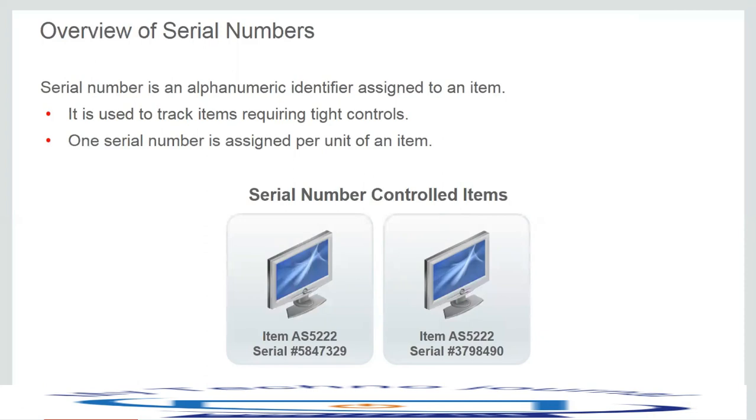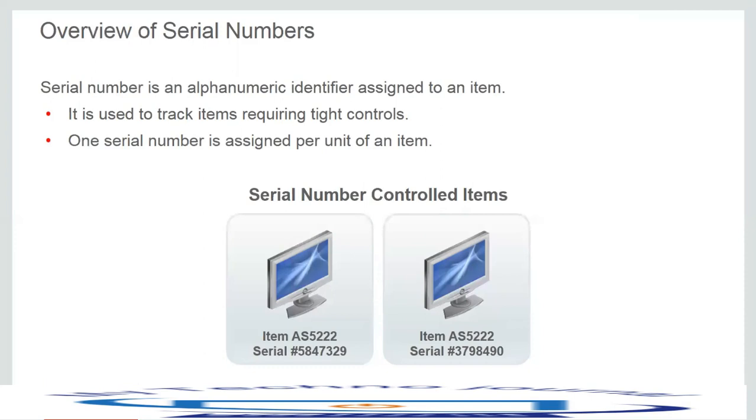Serial number control is a system technique for enforcing the use of serial numbers during material transactions. We can use serial numbers to track items over which you want to maintain very tight control.